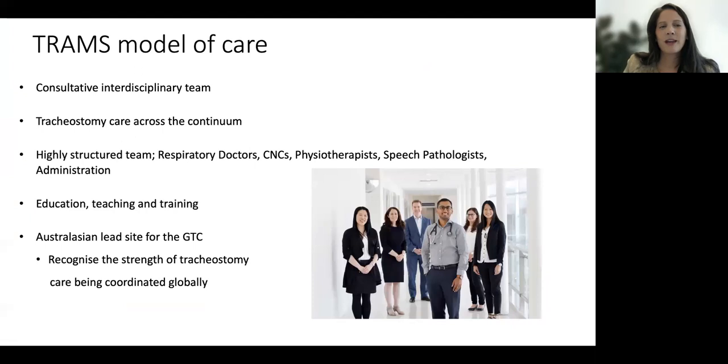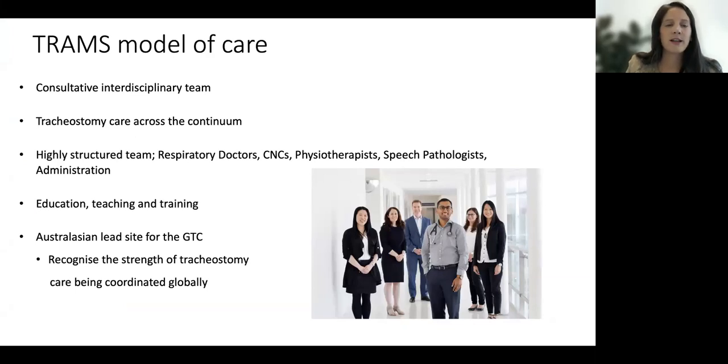For those who may be unfamiliar, TRAMS, or the Tracheostomy Review Management Service, is a consultative interdisciplinary team. So we provide care and management of patients with a tracheostomy outside of the ICU through to subacute and into the community. A big part of our role, which you'll hear about, is education, teaching and training.